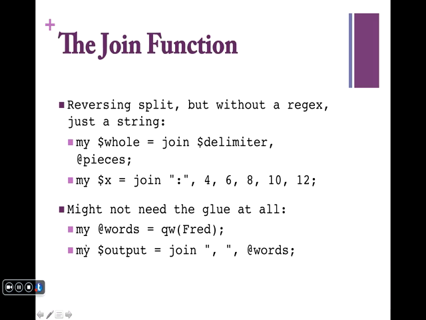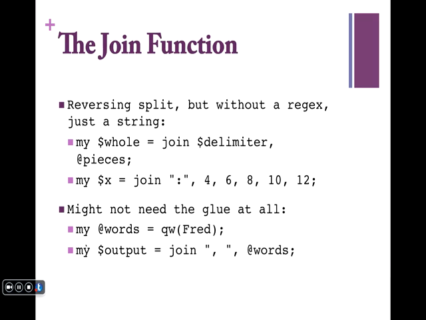Now, the next slide, we're going to talk about the join function. Why I'm mentioning join here is not related at all to regular expressions, but somehow it does the opposite of what split does. It joins delimiters with text. So here I have, as a scalar, join $delimiter, comma, and then I am specifying the list. This is how you interpret it.